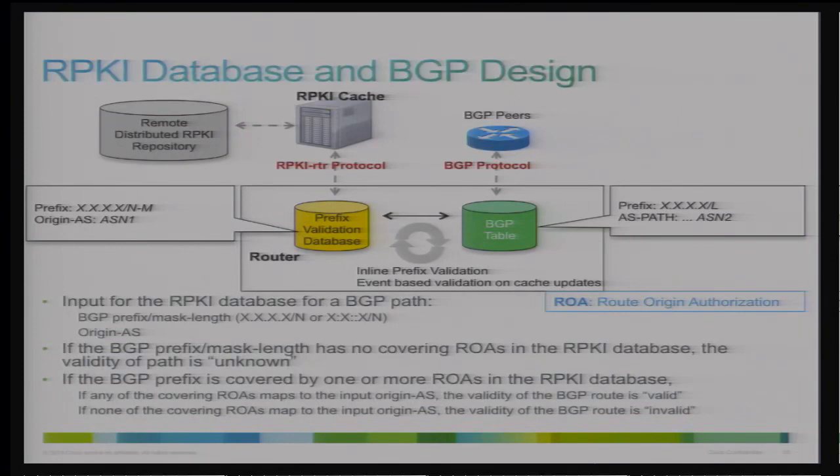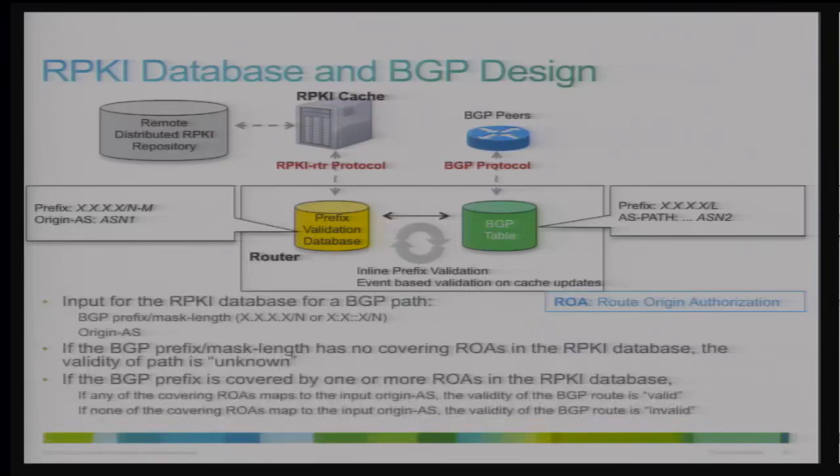The RPKI database has a prefix and a mask length, and also the origin AS. So it will say this prefix can originate from this AS. That's basically what the entry says.